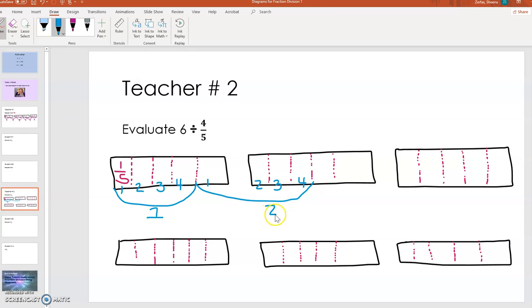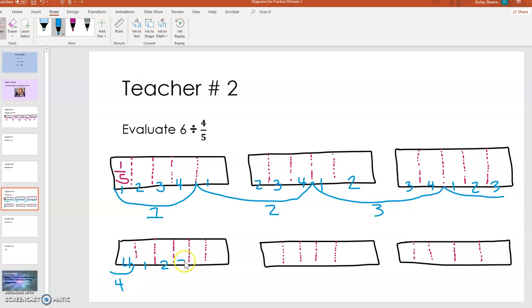Continuing 1, 2, 3, 4. 1, 2, 3. So when we have larger numbers, we are going to end up having to carry on to our second line. So that was group 3 there, and this will be group 4.